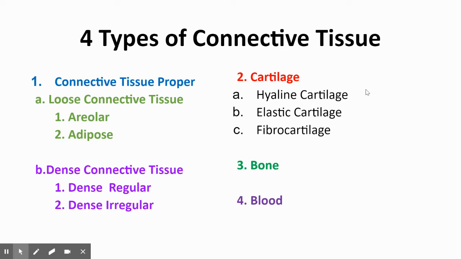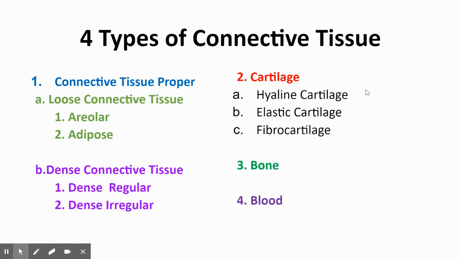As we've been doing, we're going to be able to identify what these tissues look like underneath the microscope. That's your first goal, to be able to identify the tissue. The second goal is to be able to identify where in the body these tissues are located.